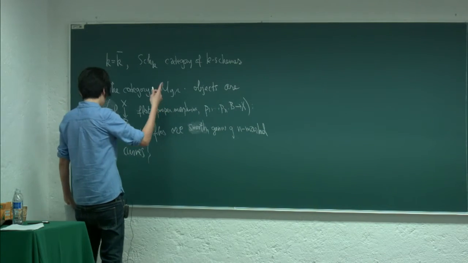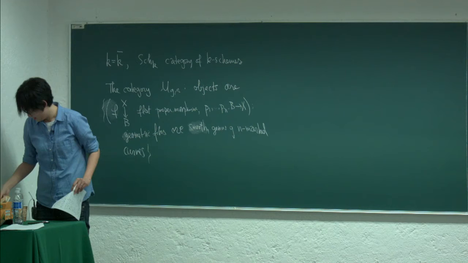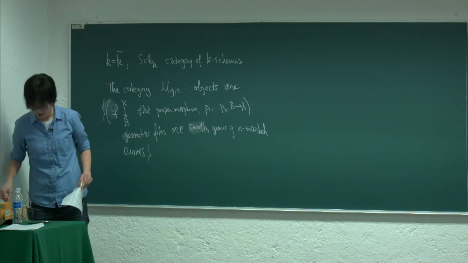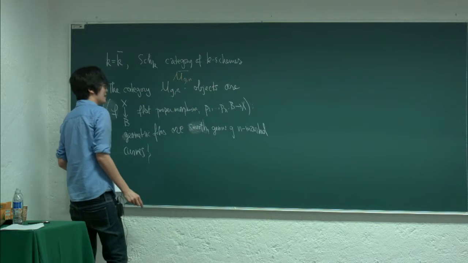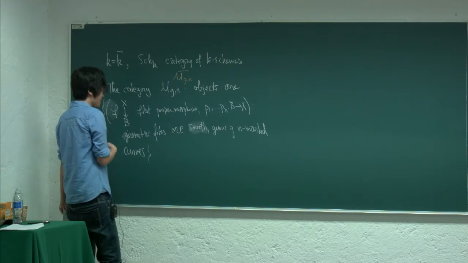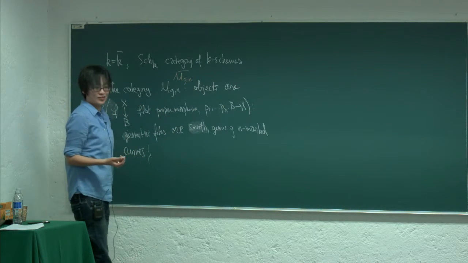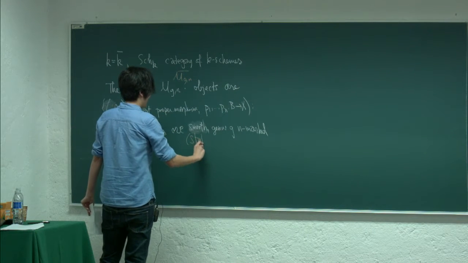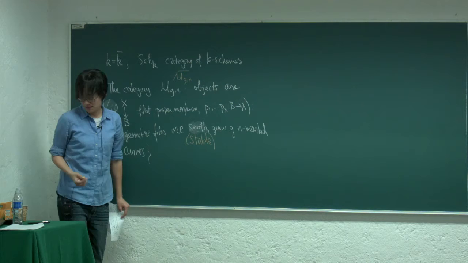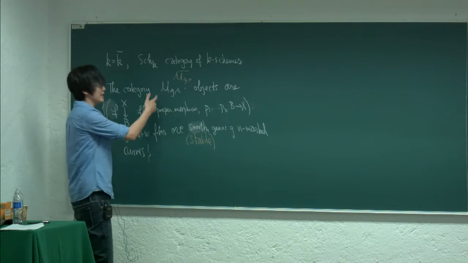And this definition can be repeated for the case MGN bar. So the category MGN bar has objects that are just families of stable curves. So that's what I mean by MGN and MGN bar.